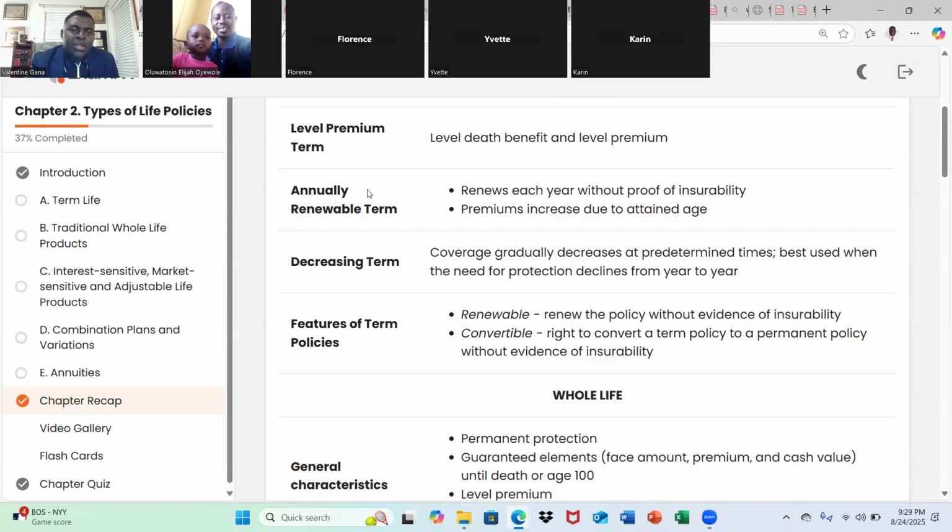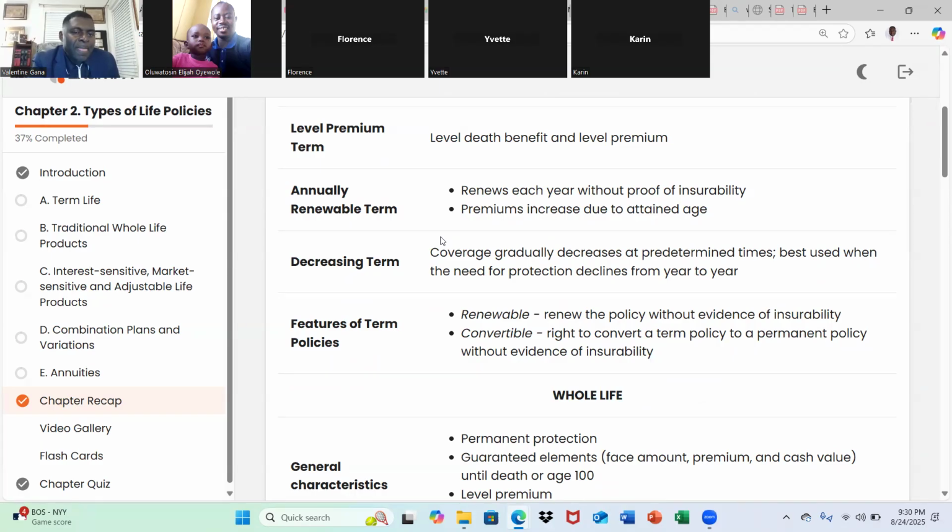There's something called annually renewable term, and those are term policies that renew every year. Usually, a term policy is not going to be something that renews every year. So it's something that has a term, and during the period of that term, the premium is level. But you have policies that are annually renewable term, which means the premium slightly increases each year.